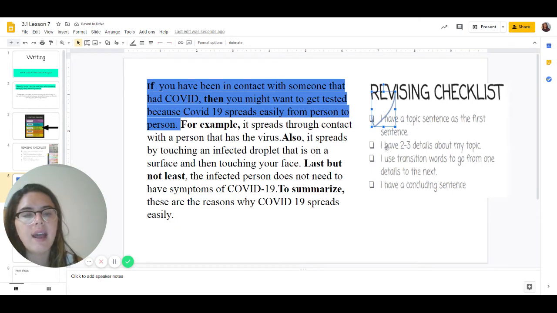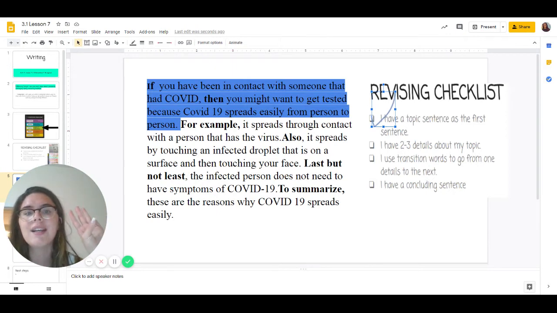The next thing says I have 2 to 3 details about my topic. So let's see. For example, it spreads through contact with the person that has the virus. That's one detail. Also, it spreads by touching an infected droplet that is on a surface and then touching your face. That's another detail. Last but not least, the infected person does not need to have symptoms of COVID-19.